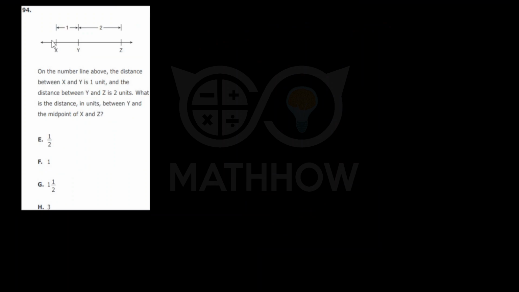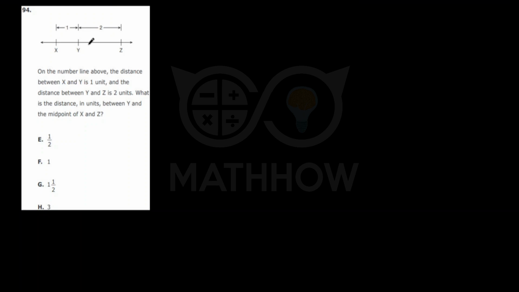Question number 94. On the number line above, the distance between x and y is 1 unit, and the distance between y and z is 2 units. What is the distance in units between y and the midpoint of x and z? The total distance between x and z will be 2 plus 1, 3.